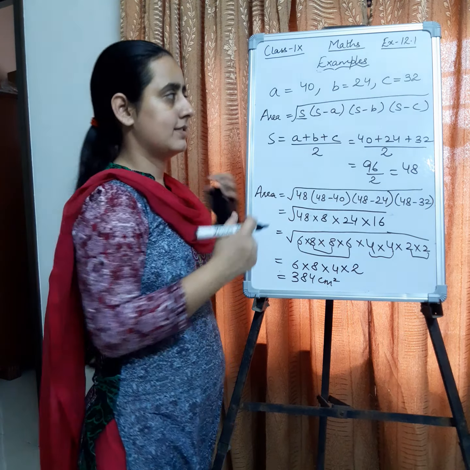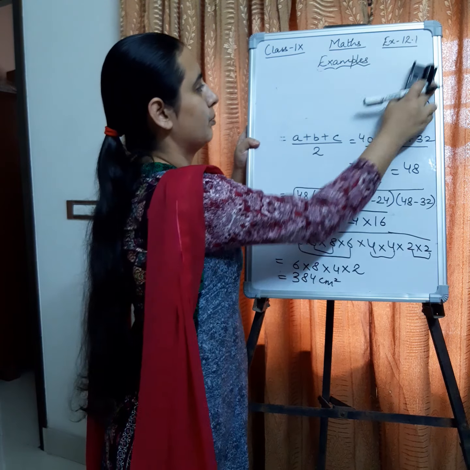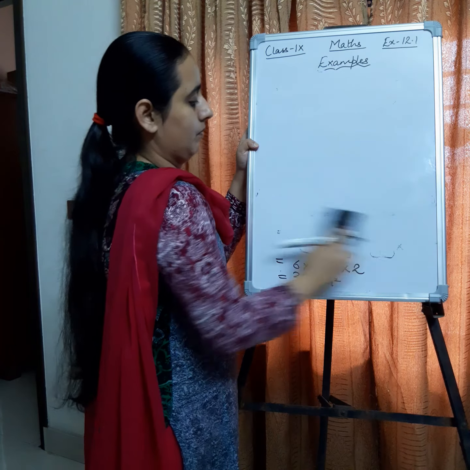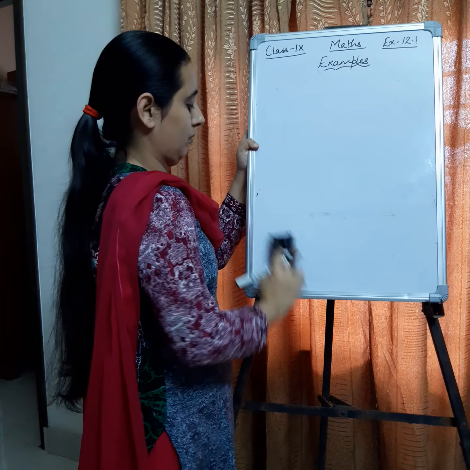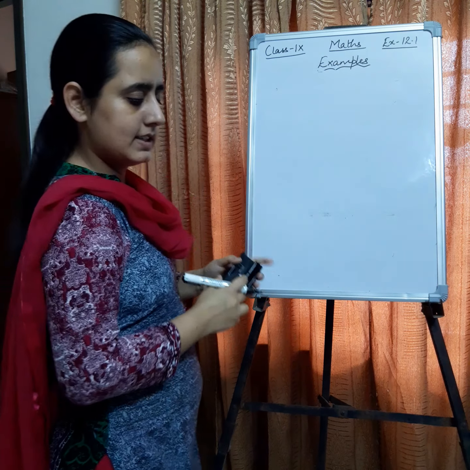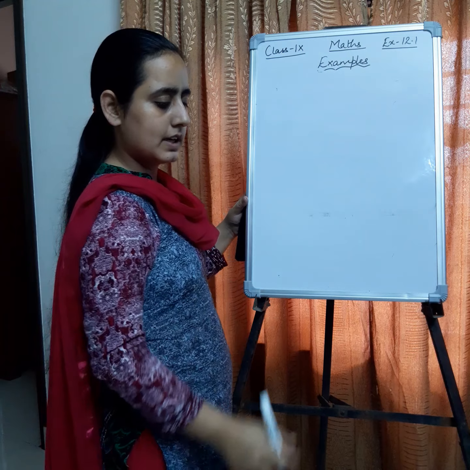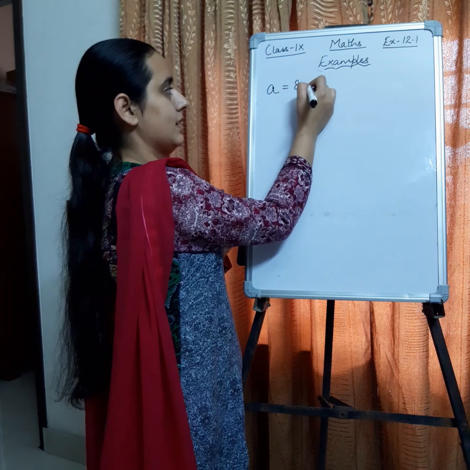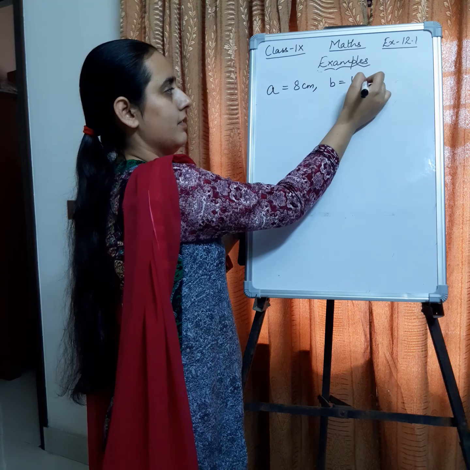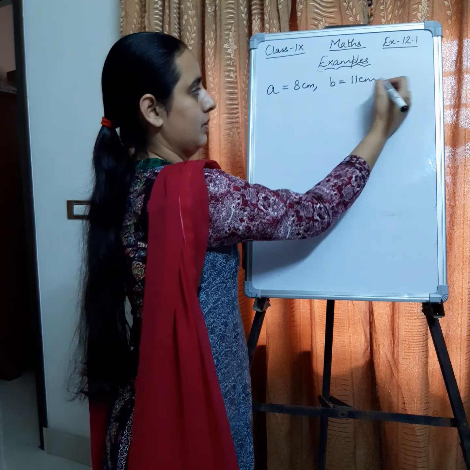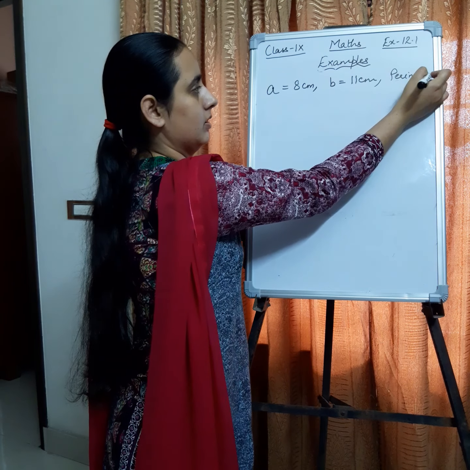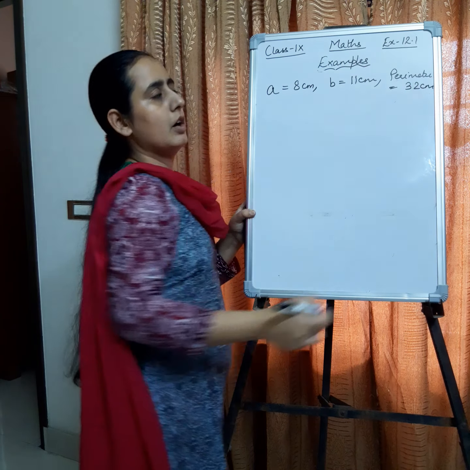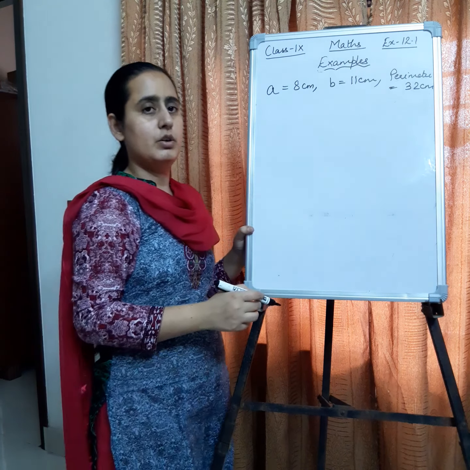Now let us do another example, which is given in your book. The question says, find the area of a triangle, two sides of which are 8 and 11. That means A is 8 centimeter, B is 11 centimeter and the perimeter is given as 32 centimeter. When we use Heron's formula, we use the semi-perimeter.